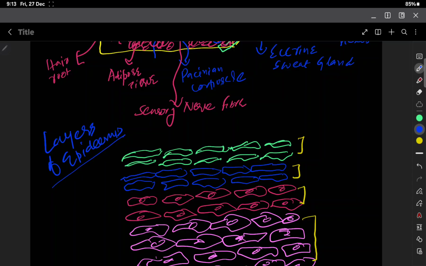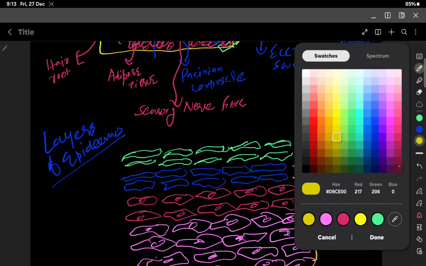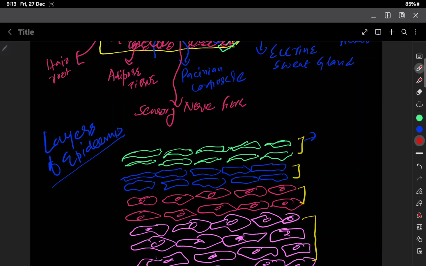The first layer is stratum corneum. Then the second layer is stratum lucidum.